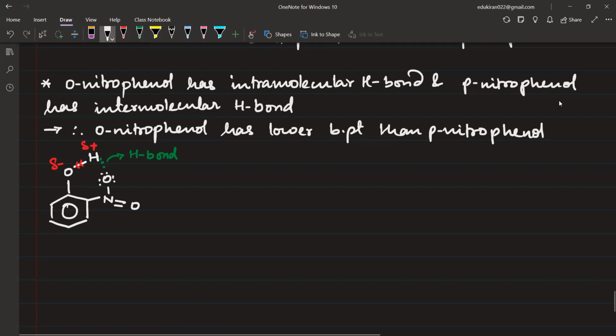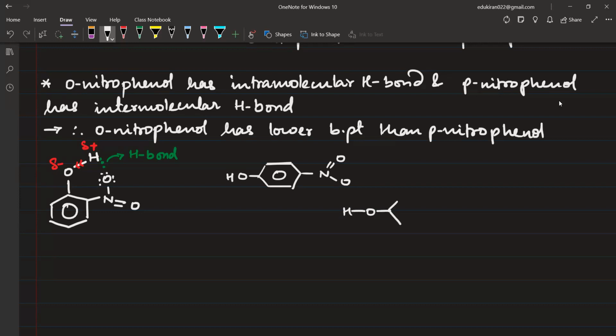So for p-nitrophenol, I will write something like this. Let us suppose you have nitrogen here, a doubly bonded oxygen atom, a singly bonded oxygen atom, and the OH is here like this. And for another p-nitrophenol, you have hydrogen here, oxygen here bonded to the benzene ring, and NO2 here like this.